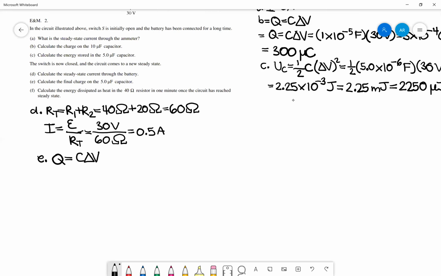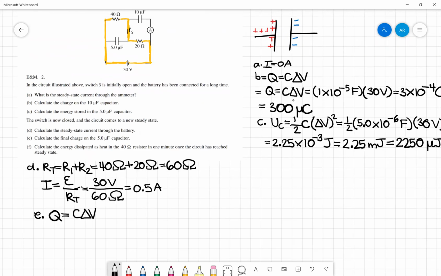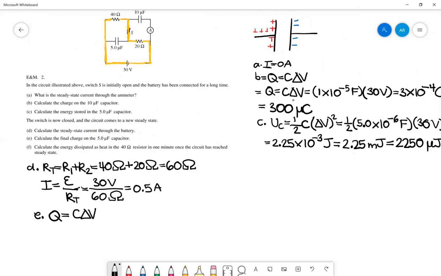Now, we have our capacitance, 5 microfarads. However, what is our voltage? How would you approach this?